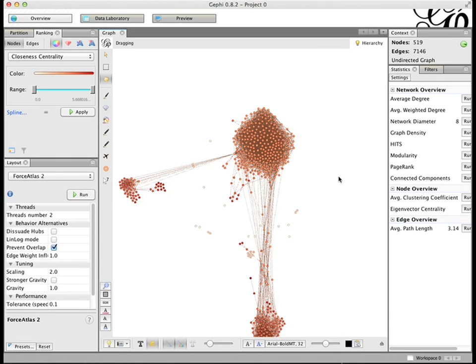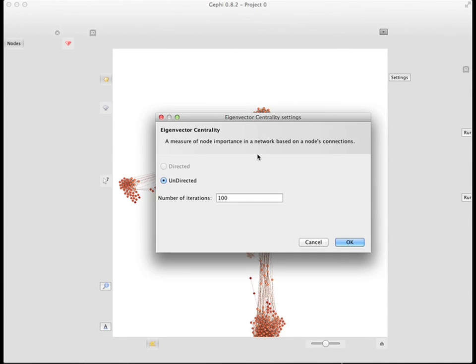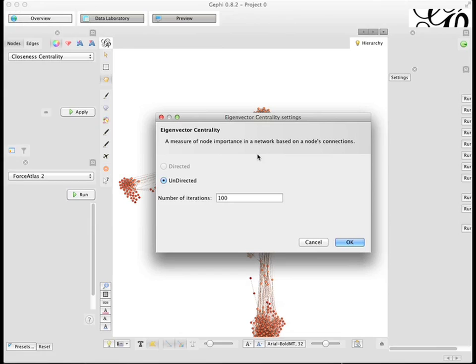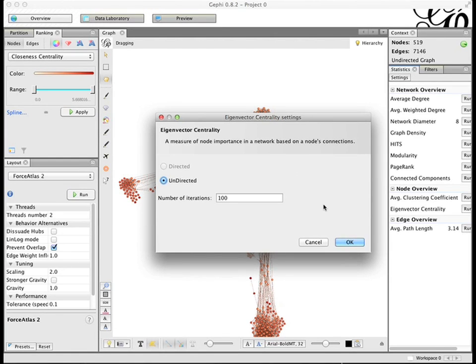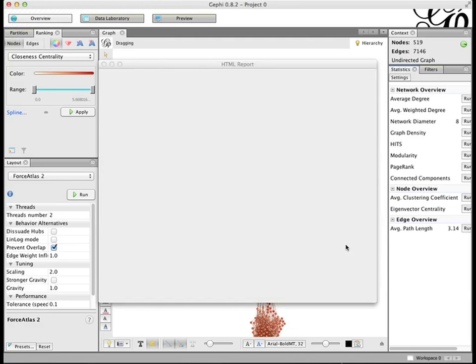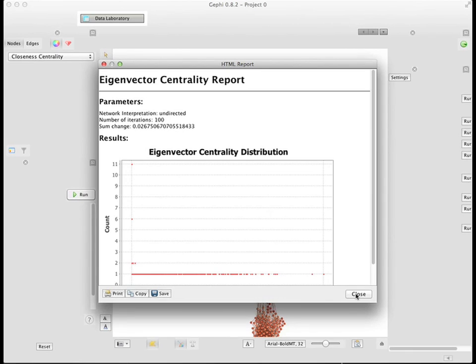There's one more example that I want to, and I don't want to take up too much time here, but there's one more understanding of centrality that's worth checking out: eigenvector centrality. Now, this is the kind of centrality that Google uses to come up with its rank of the importance of web pages. Here we get the distribution again.